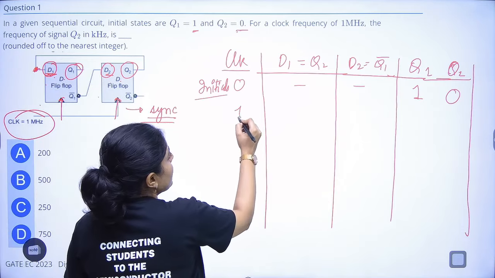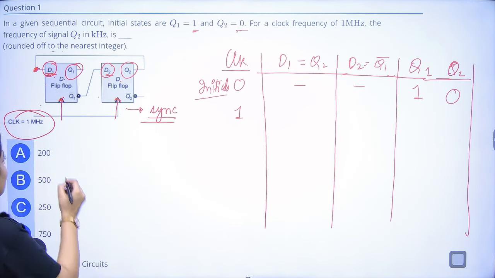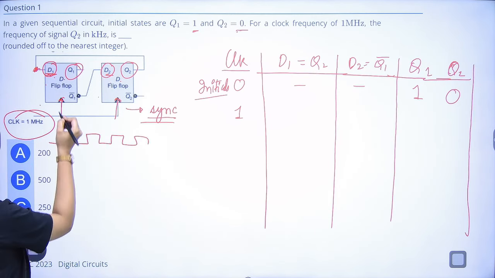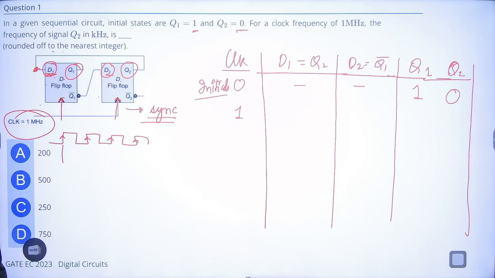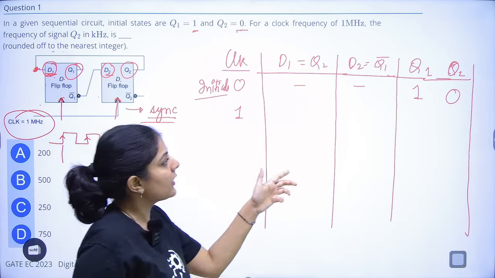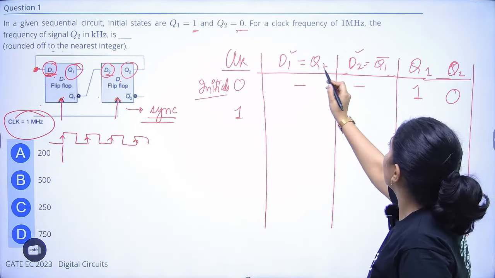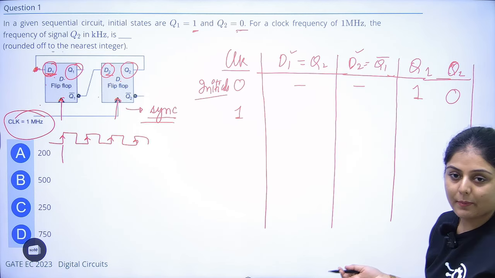When the first clock pulse comes, the clock is active high. So whenever the clock is high, the output will change. When the first clock pulse comes, whatever values of D1 and D2 are there is set because of the values of Q2 and Q1 bar, because they are dependent on that.